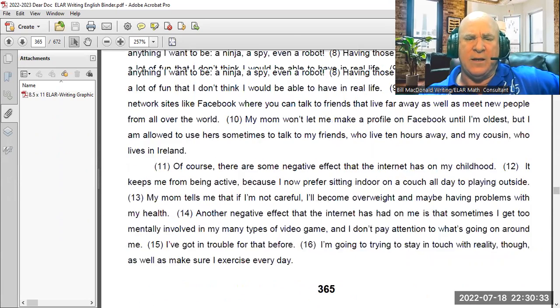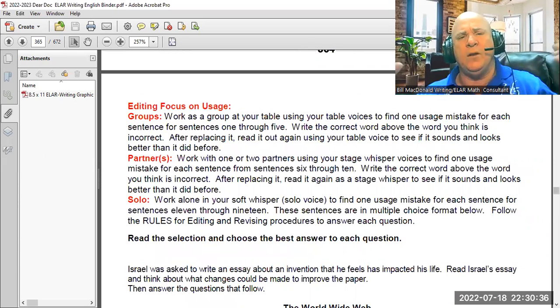I like to say sometimes that we live in an open-ended world until we get into classrooms where everything is multiple choice. Well, I intentionally left the first 10 sentences with no choices at all, where your kids are going to have to find the mistake and use the correct usage subject verb agreement for 1 through 5 as a group.